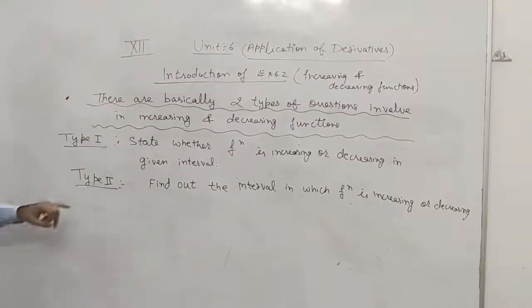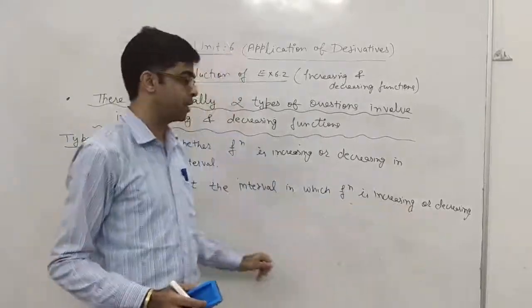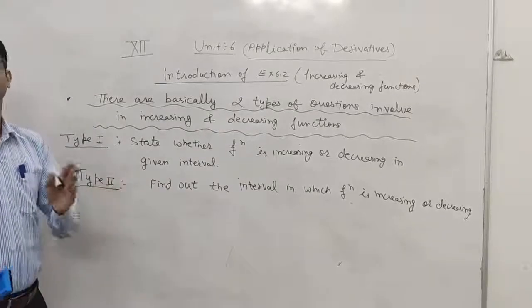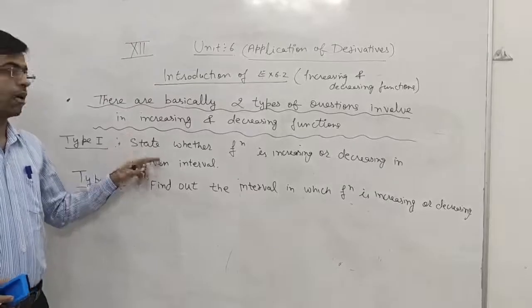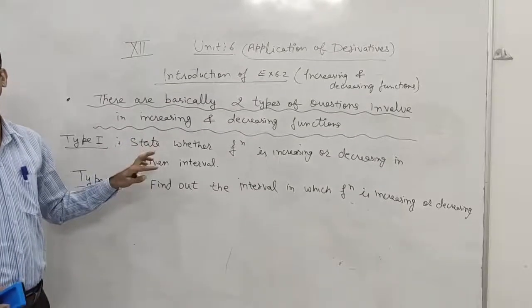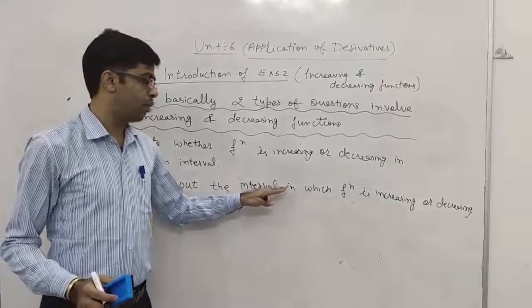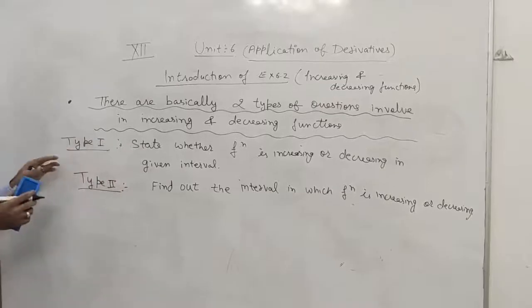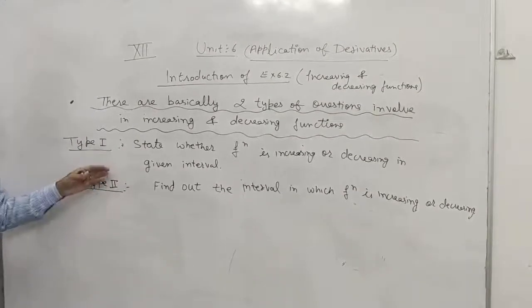The second type: find the interval in which the function is increasing or decreasing. Now the function is given and you have to find the intervals. In the first case, the function and interval are both given, and you just have to tell increasing or decreasing. In the second case, only the function is given but the interval is not given. Now these two types of questions come in this exercise and we have to find the solution.